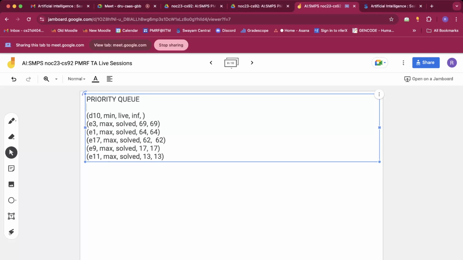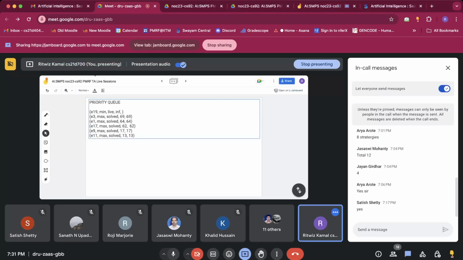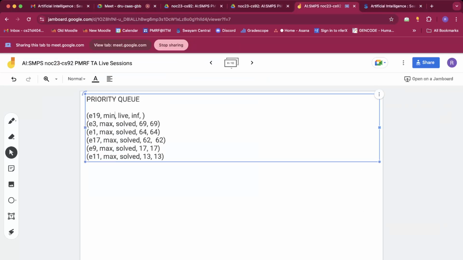Similarly, when we pop D10, which value will be added? E19, right? E19, which is again a max node, live, infinite bound, and a value of 31.